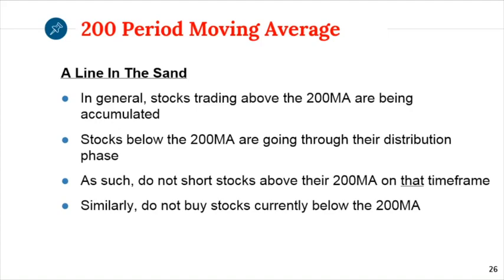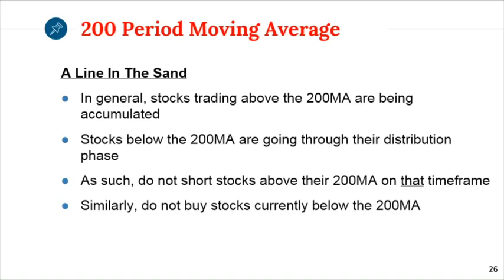I'm talking about one time frame at a time here. If you see a setup on a given time frame and the stock is above the 200 period moving average, you don't want to short that. Similarly, do not buy stocks that are currently trading below their 200 period moving average.